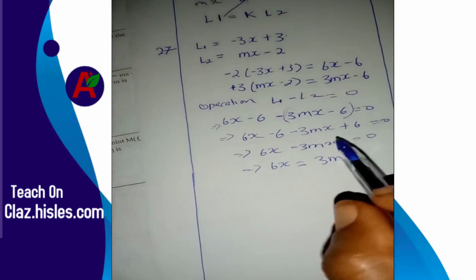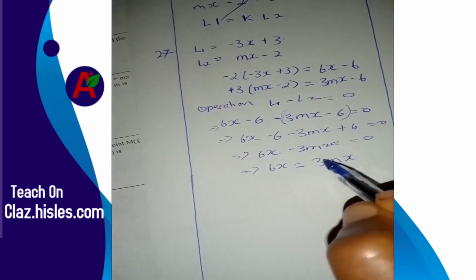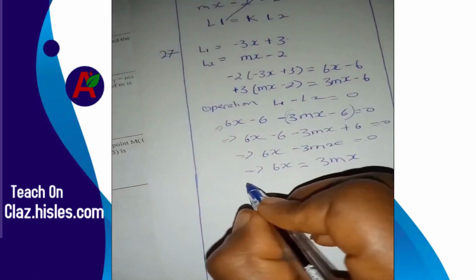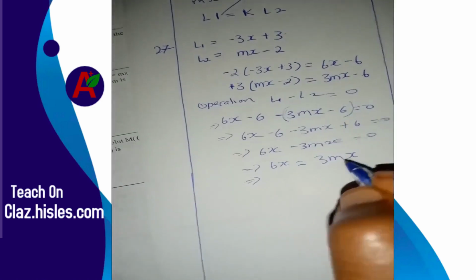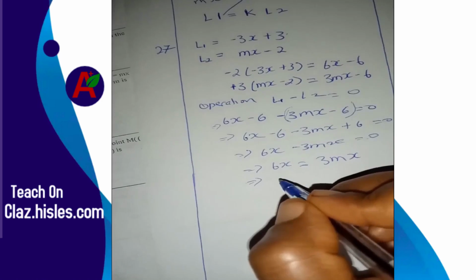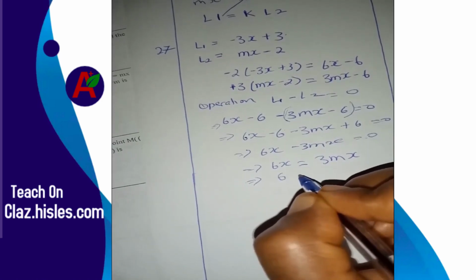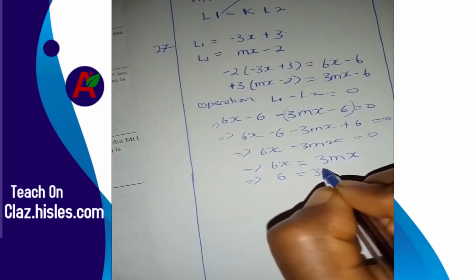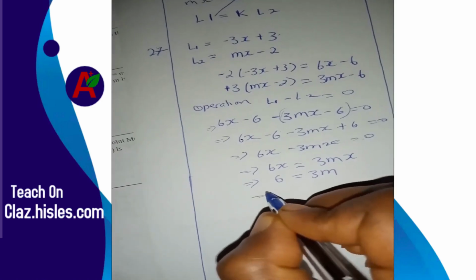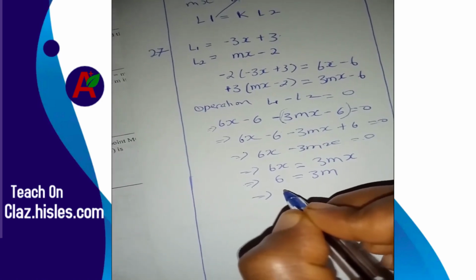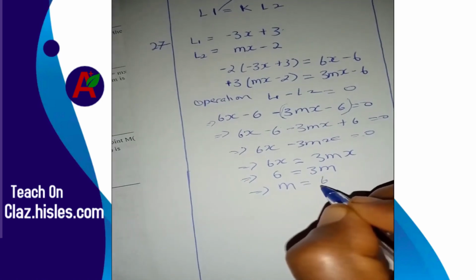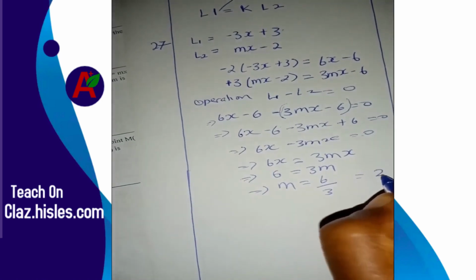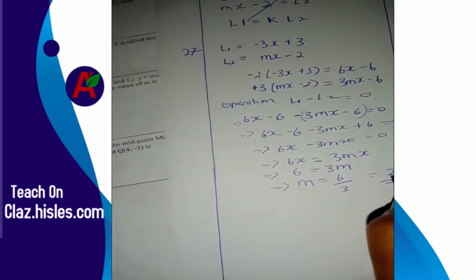So when we cross a term across the equal sign, the symbol changes, and then x can cancel out on both sides, and what we're going to be left with is 6 is equal to 3m. This will give us m equals 6 divided by 3, which is 2. So number 27, our answer is 2.